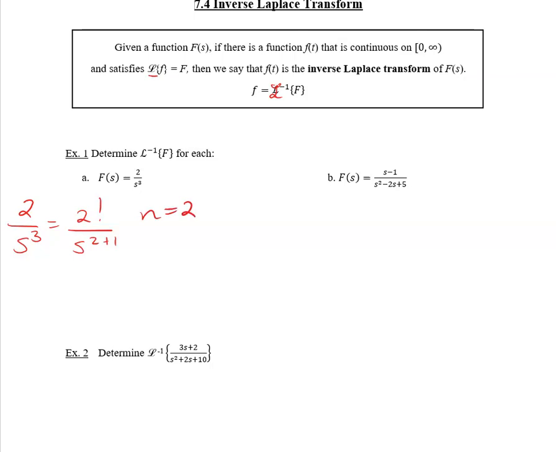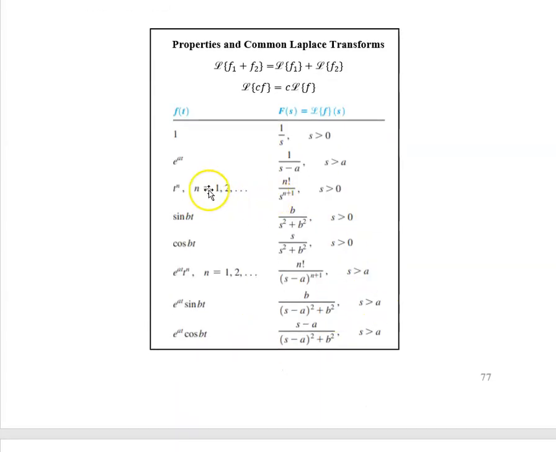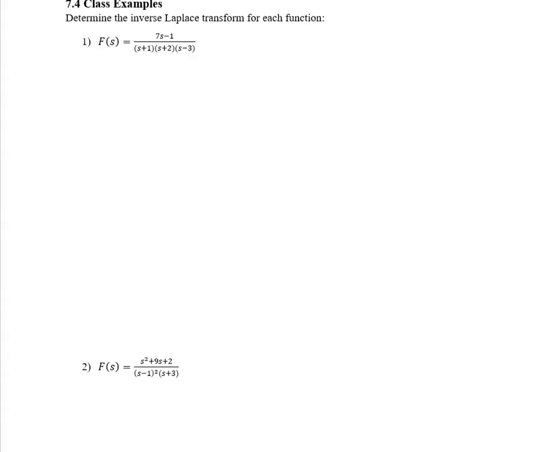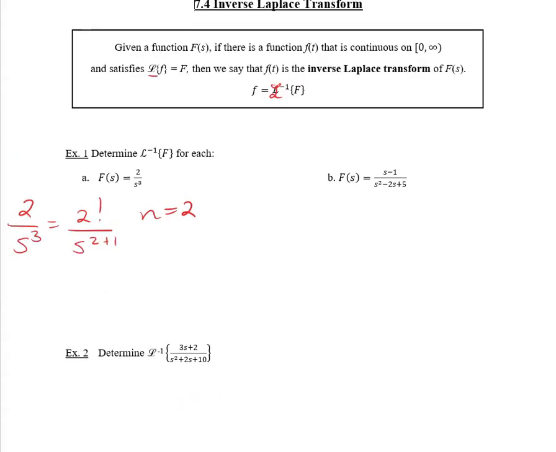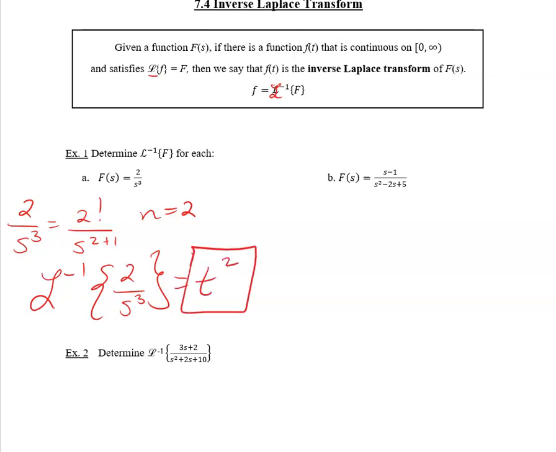And notice that that is in our table: n factorial over s to the n plus 1 is t to the n. So in this example, n is 2. This just means that the inverse Laplace of 2 over s cubed is equal to t squared. And that's it. That would be the original function that produced that Laplace transform.